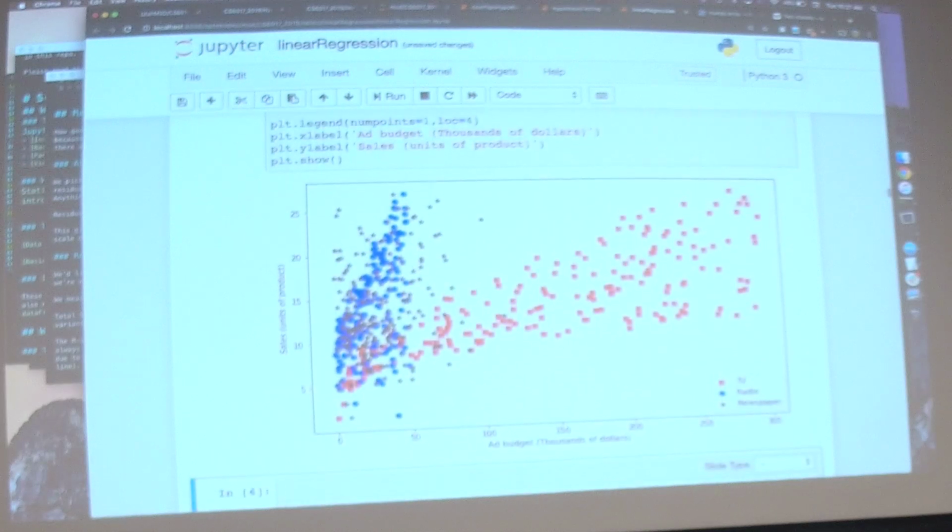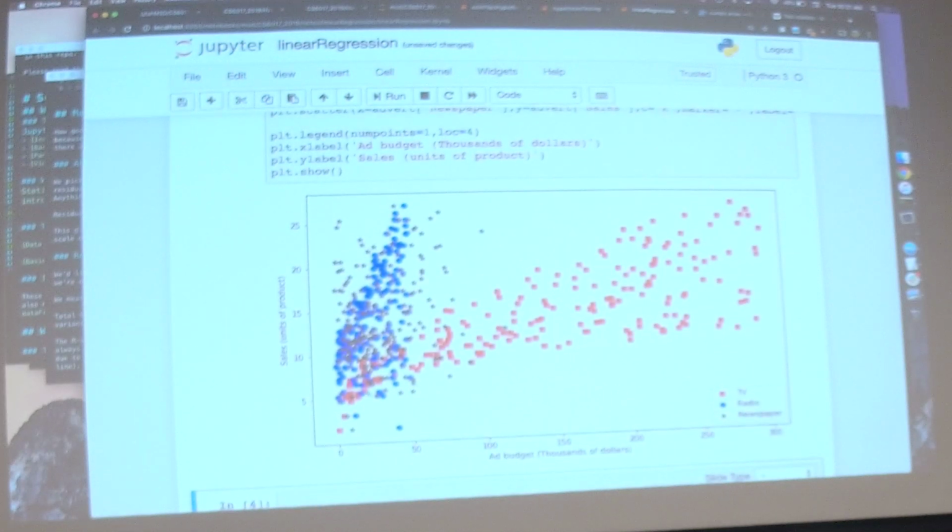So this is the amount of money spent on TV, radio, and newspaper versus sales. Any insights that people get from looking at it that maybe we want to try to confirm or follow up on? What do we see from looking at this?